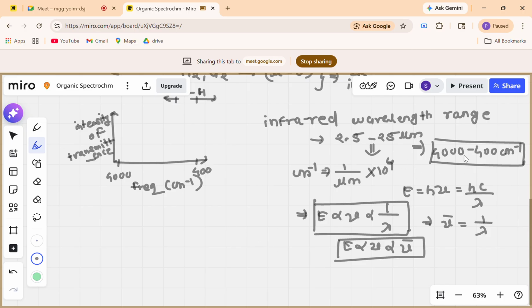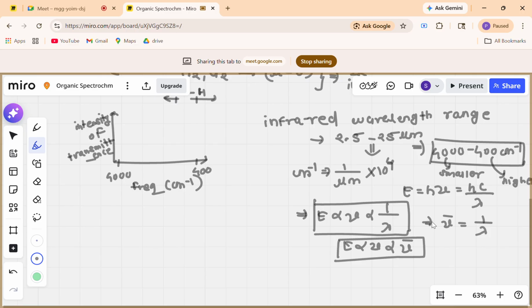As you can see, this 4000 is basically in terms of lambda, right? So in terms of frequency, this will be a smaller value. The wave number, 1 upon lambda, is inversely proportional to the wavelength, and 400 centimeter inverse represents the higher frequency value.